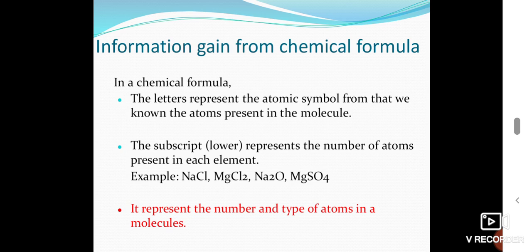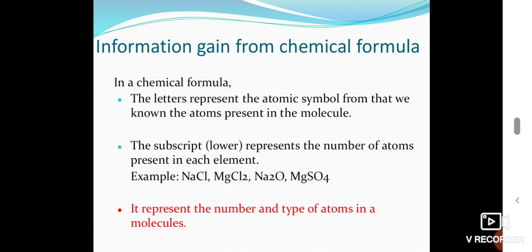First, in a chemical formula, some letters are there. What do those letters represent? They represent the atomic symbol, that means the symbol of the atom. From the symbol we can find the name of the atom, isn't it?